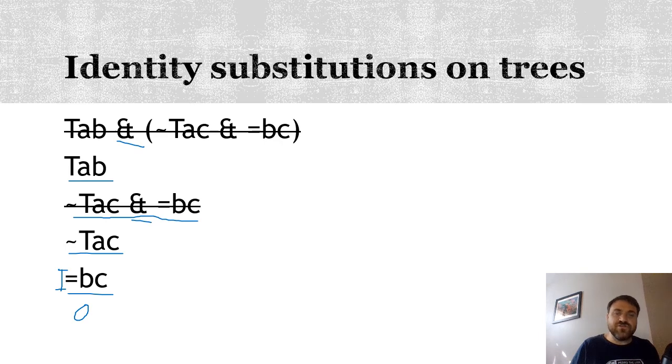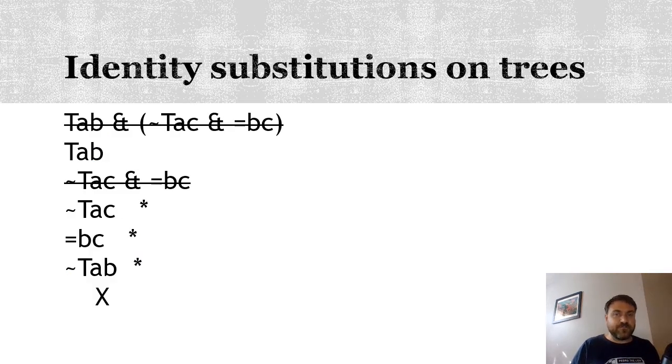But this tree really shouldn't stay open, because here's the thing: if B and C refer to the same individual, then this TAB and this not TAC really should contradict each other. And so what we're going to do is substitute either this B for the C or this C for the B. Either way works. And then you'll see that the tree should actually close. And that's what it looks like.